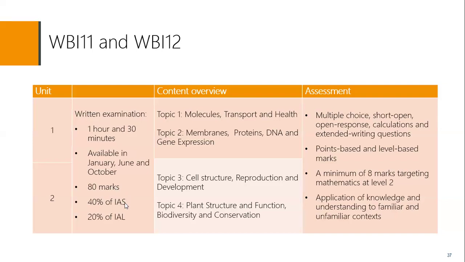If you're just counting it towards the IAS, each of the 2 unit papers counts for 40%, giving a total of 80% of the marks, and the remaining 20% is on Unit 3. If they are being amalgamated to be part of the IAL, then this particular paper counts for 20% of the marks of the IAL. I hope that explains it to you.